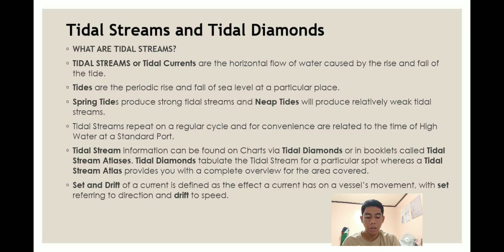Tidal diamonds tabulate the tidal streams for a particular spot, whereas a tidal stream atlas provides a complete overview for the area covered. Set and drift of a current is defined as the effect a current has on a vessel's movement, with set referring to direction and drift to speed.